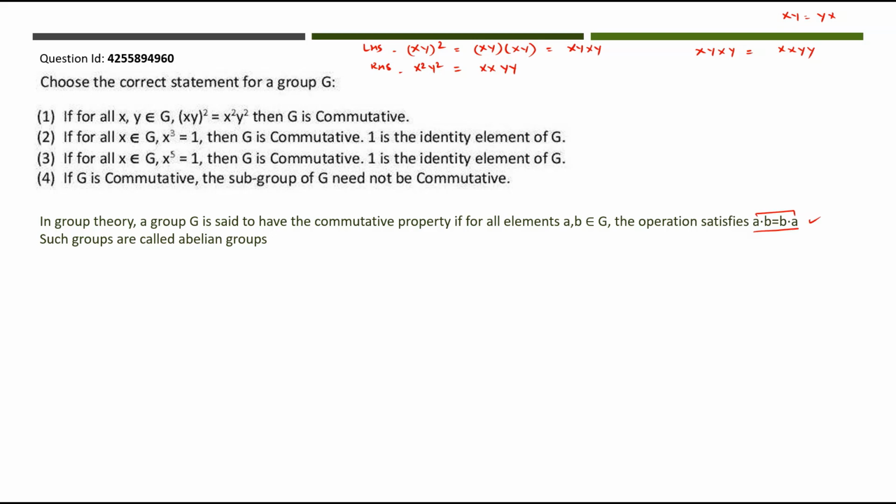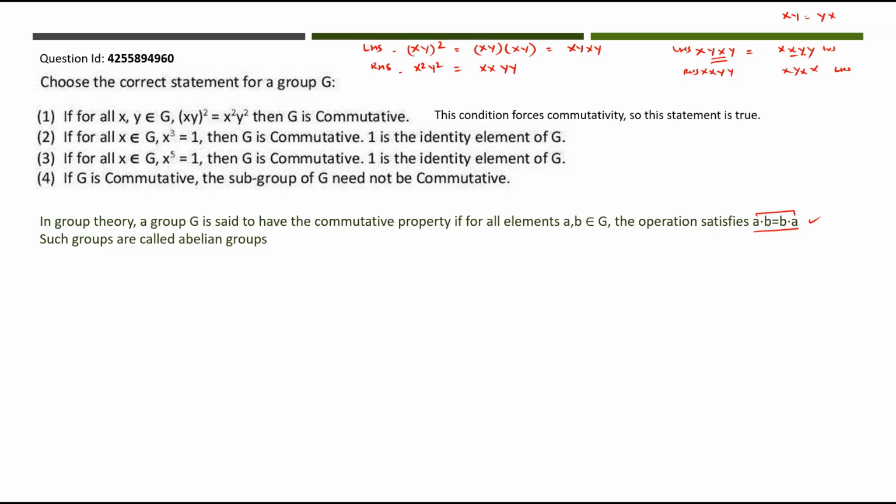Say for example, instead of this particular yx, if I am going to place xy, this LHS will become RHS. In case if I am going to place XY by YX, this will become LHS and this will be the RHS. So this particular XY the whole square is equal to X square Y square is definitely commutative only.